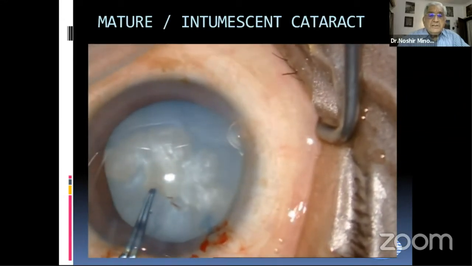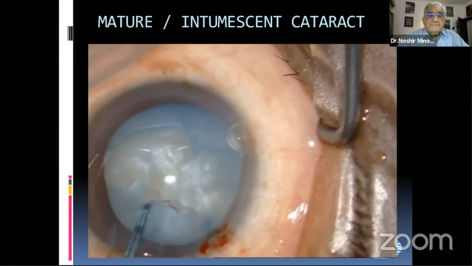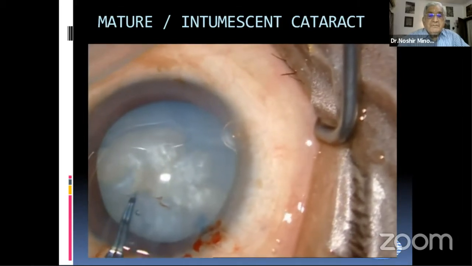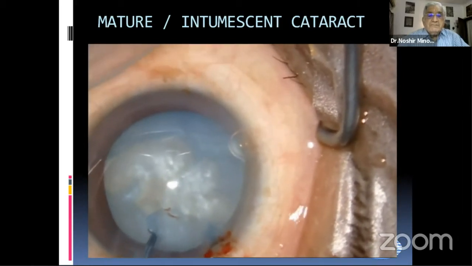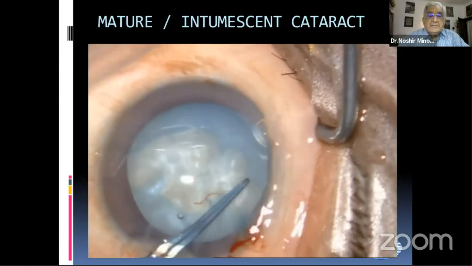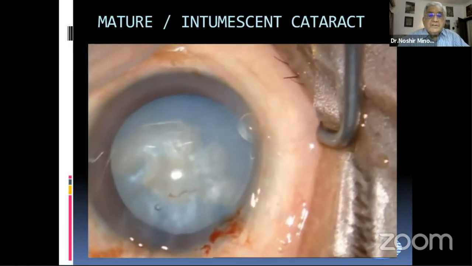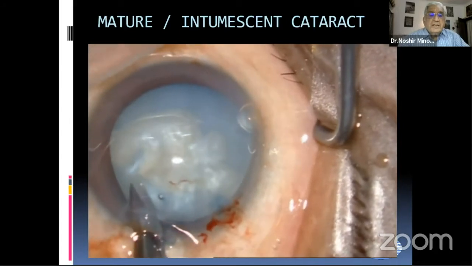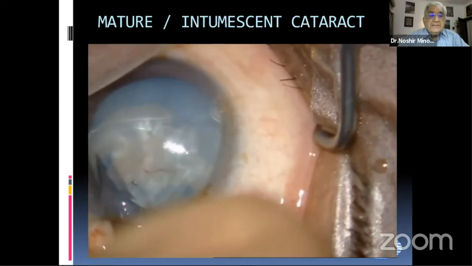And then we extend this rhexis so that we have now adequate space for the phaco. And this tag can be cut.